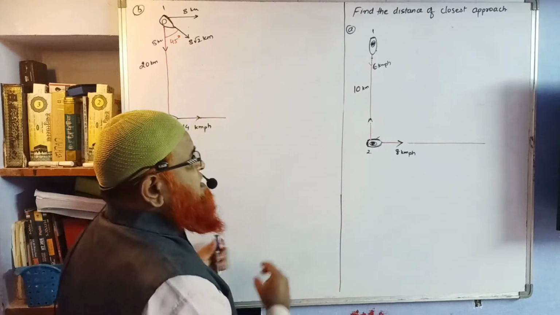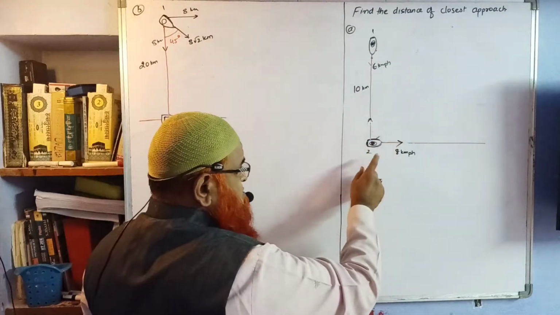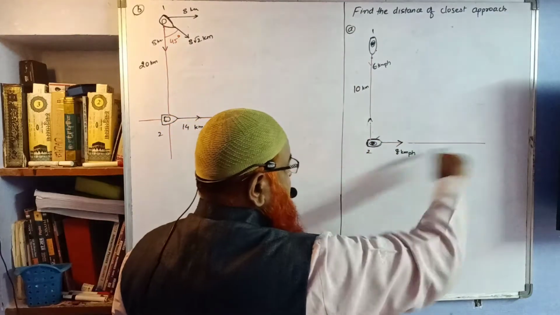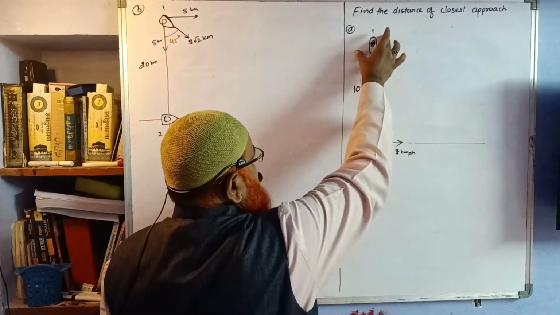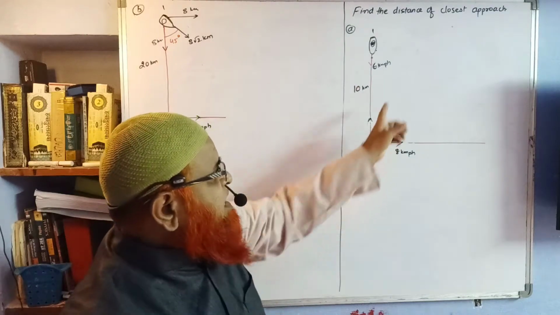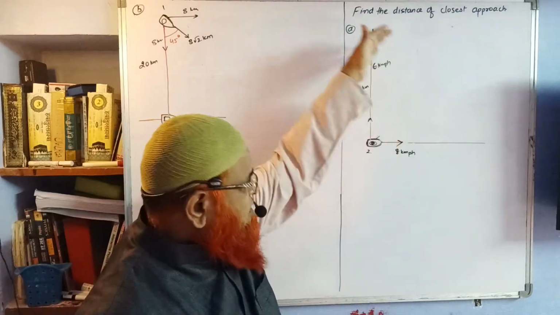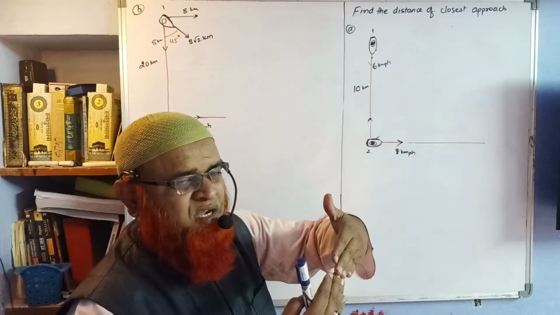But boat 2 is moving towards the right with a speed of 8 kilometers per hour, and boat 1 is moving down with a speed of 6 kilometers per hour. He's asking us to find out the distance of closest approach.